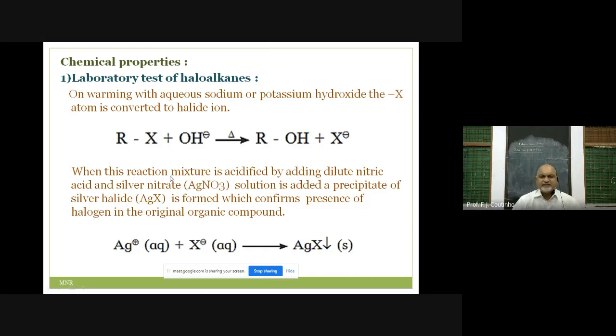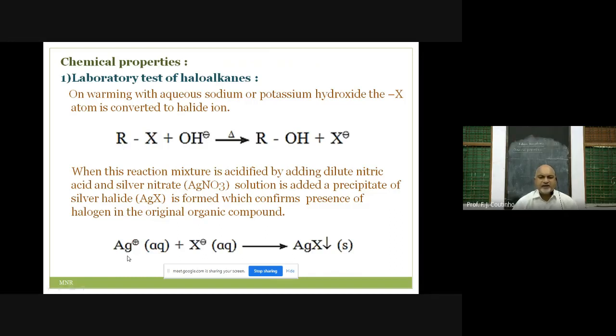So when this reaction mixture is acidified by adding dilute nitric acid and silver nitrate solution is added, a precipitate of silver halide is formed. So silver and a halide, that is the nucleophile, is formed, which confirms the presence of halogen in the original organic compound, that is an alkyl halide.